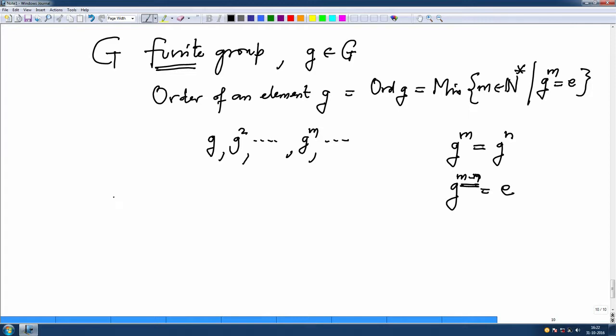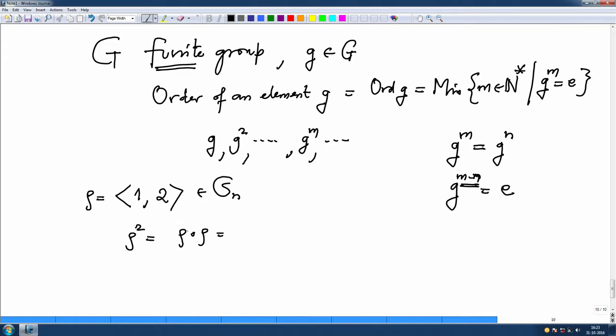So for example, let us compute the order of some permutation. If I take a transposition (1 2) in Sn, this means only 1 and 2 are moving, remaining integers are fixed. If I call this rho, what is rho squared? Rho squared is by definition rho composed with rho.